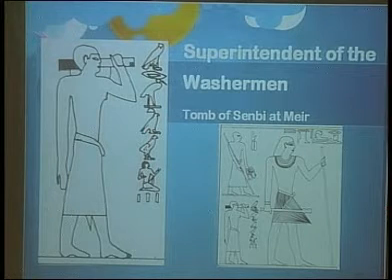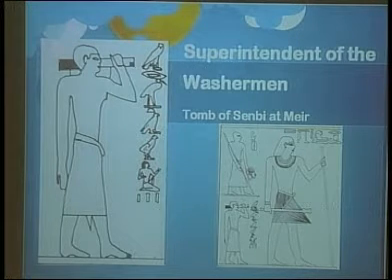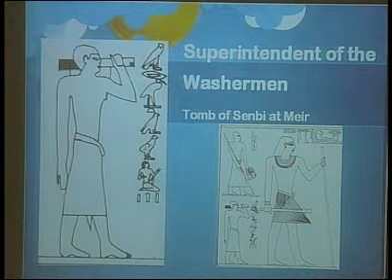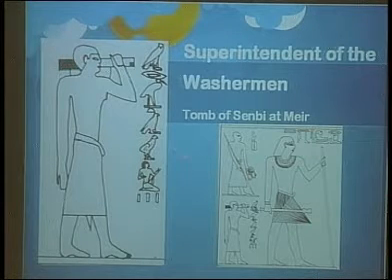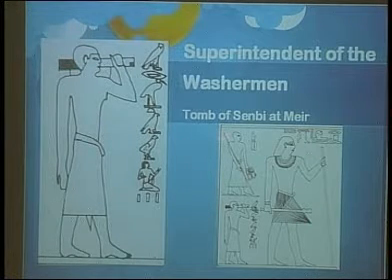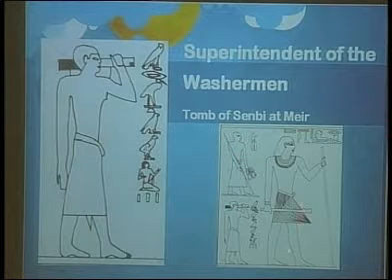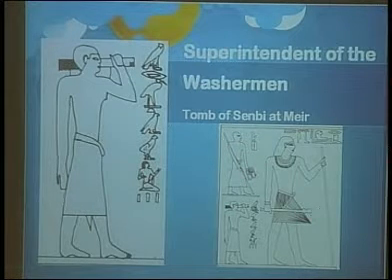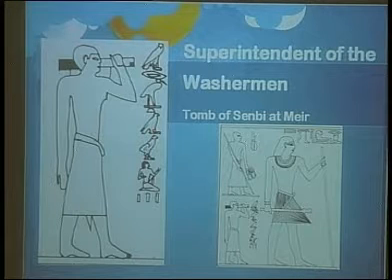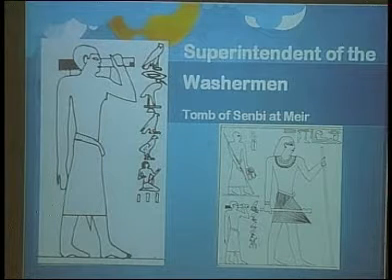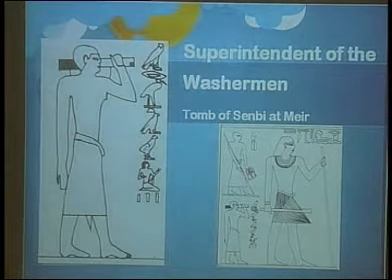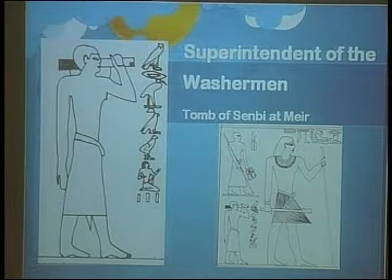And you can see that there's a clear patterning at this end of it. And he is on a par with the sandal bearer. So here is the nomarch Senbi and his two chief men, sandal bearer and overseer of the laundry.